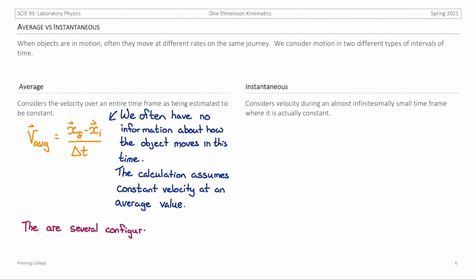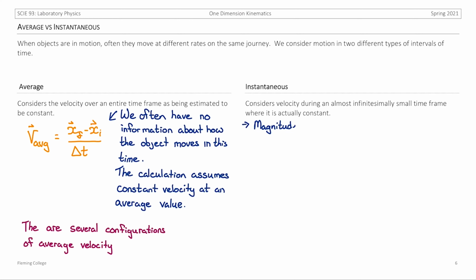The other way we think about a velocity is an instantaneous velocity. So this considers the velocity during an almost infinitesimally small time frame. And this is trying to pin down velocity to being actually constant. Now, the magnitude of an instantaneous velocity is what your speedometer in your car is trying to display to you. But in reality, it's very difficult to calculate this value.